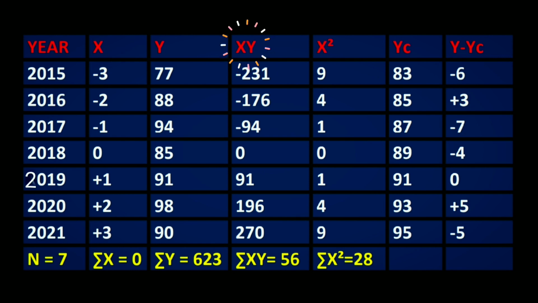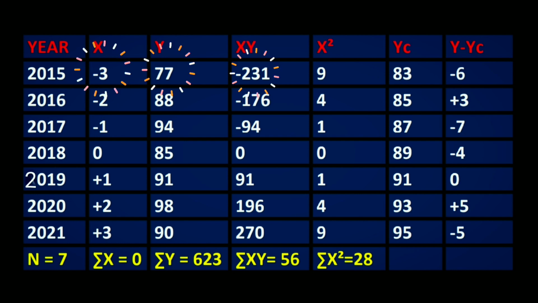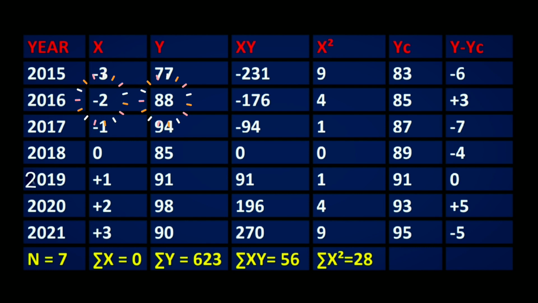For example, for the year 2015, in the first row, it is minus 3 into 77, which is equal to minus 231. Similarly, for the next year 2016, we have multiplied minus 2 by 88 and found the xy value as minus 176. In this way, the remaining values of this column we could calculate.